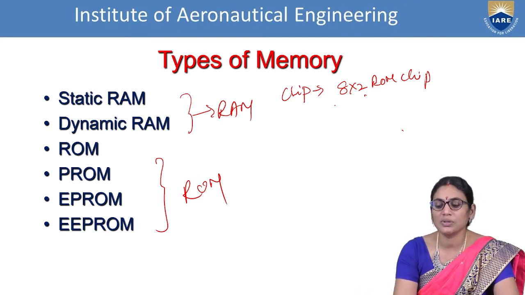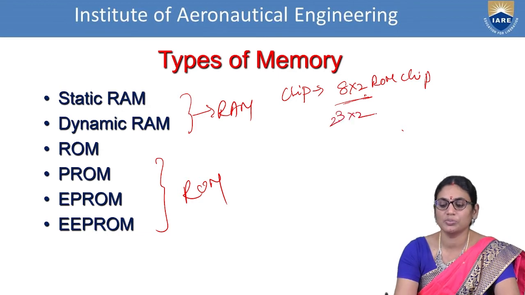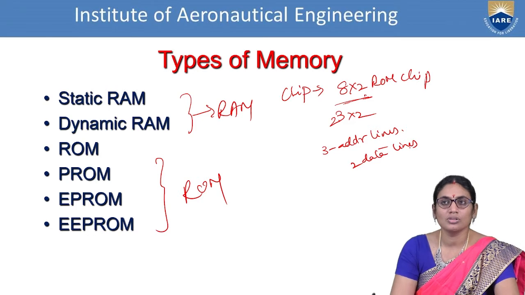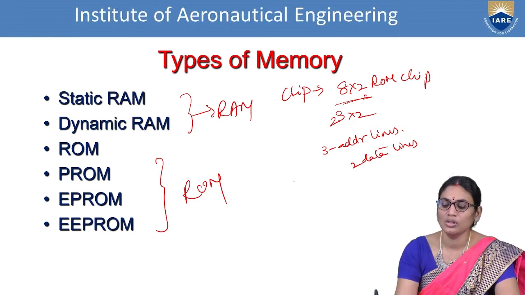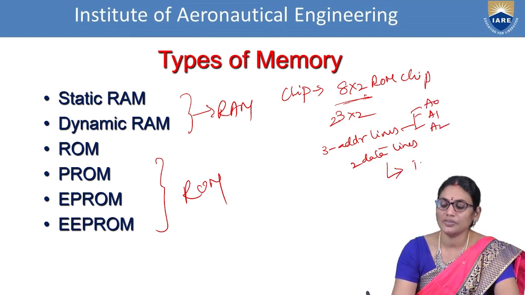This is represented in 8x2 format. That means 2 power 3 into 2, which means that 3 address lines and 2 data lines are there. The address lines can be classified into A0, A1, A2, and the data lines into D0 and D1.